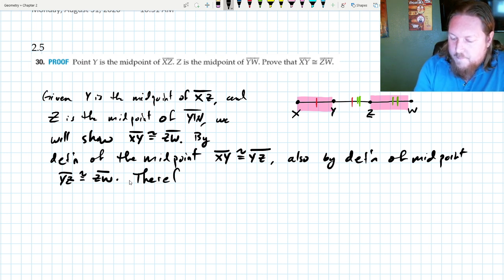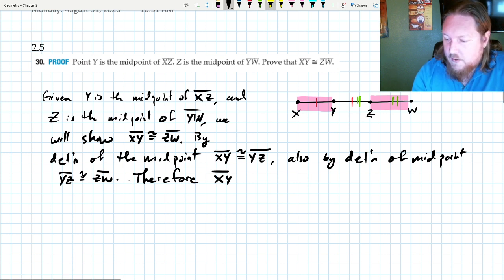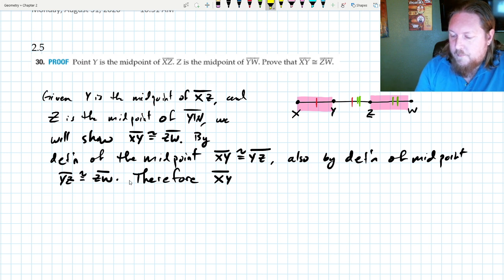Therefore, XY, and I'm going to highlight it here, I'll highlight it in yellow. Here we've got two pairs of congruent things. XY is congruent to YZ, and YZ is congruent to ZW.